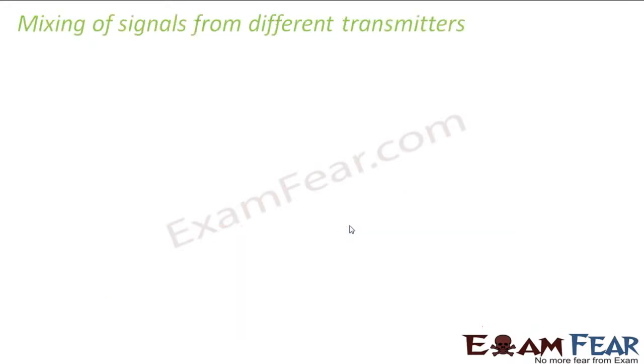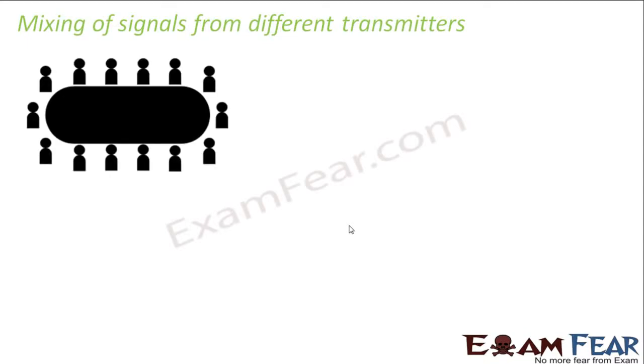Let us now look at the third factor, which says mixing of signals from different transmitters. What mixing is it talking about? Let's forget about transmitters. Let us look at an example and try to understand the concept behind this factor. Suppose you are sitting in a conference room or a meeting room where quite a number of people are sitting.